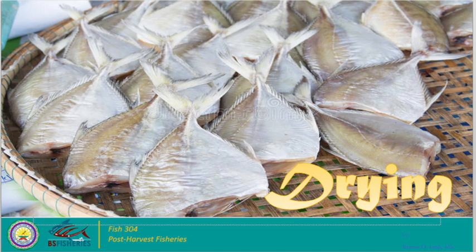Now, when it reaches about 0.8 or below, all molds are inhibited. Molds are what we see on bread that we can no longer consume. Those cottony parts, like cotton, that grow are what we call molds, no?